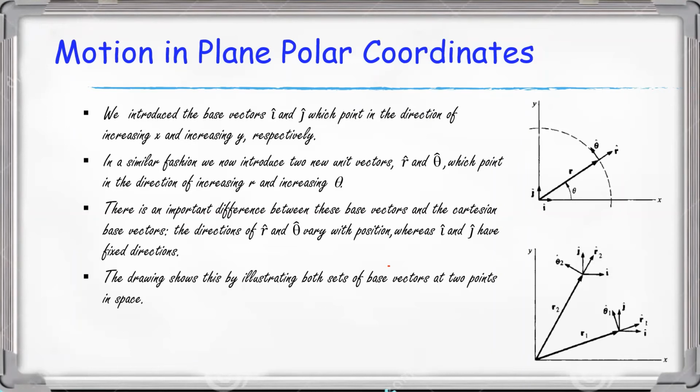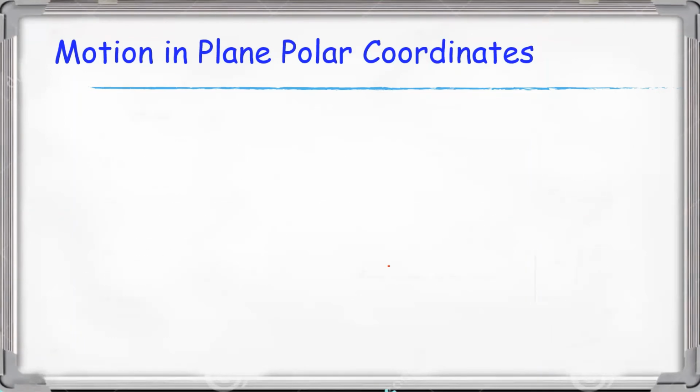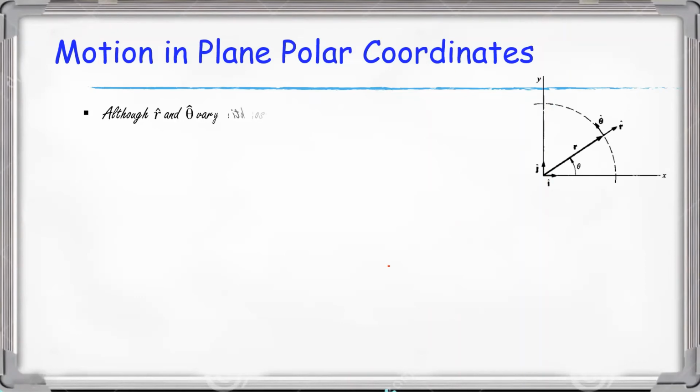Okay, so r cap and theta cap, the base vectors, vary with position.